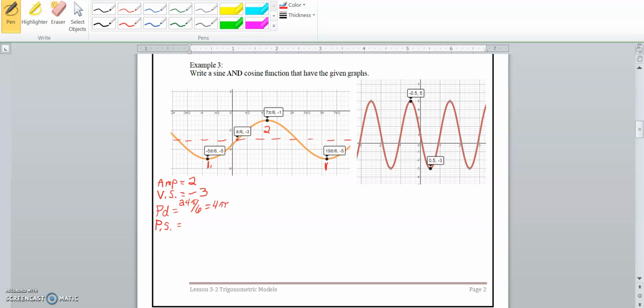The difference is in our last property, the phase shift. They called out this point pi/6 for a reason. Not only to help us with our vertical shift, but we know the parent graphs for sine and cosine.